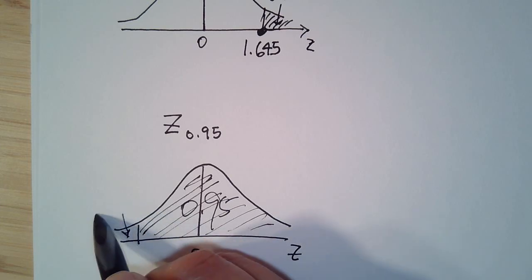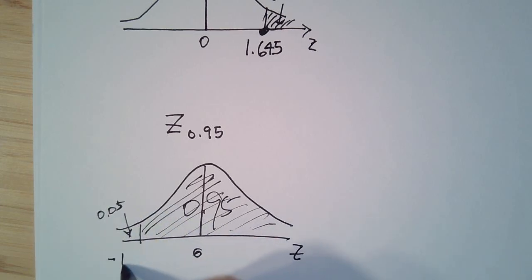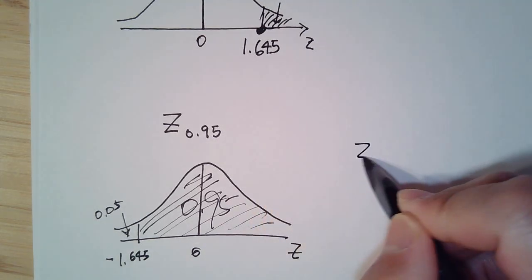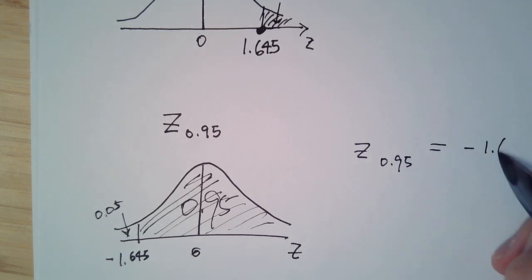So this little area should be 0.05, and that is negative 1.645, just what we did earlier. So z sub 0.95 equals negative 1.645. There you go.